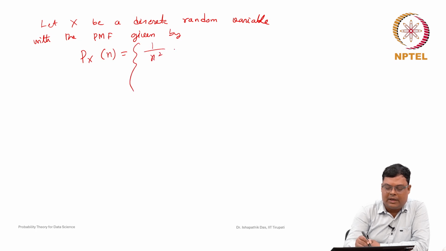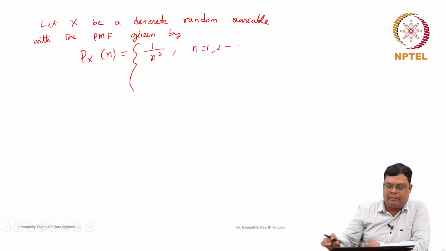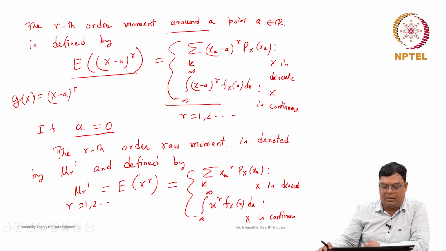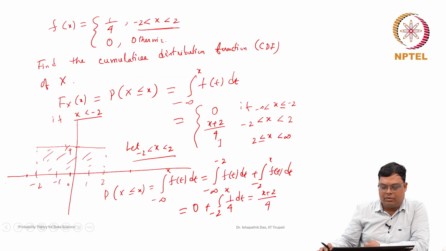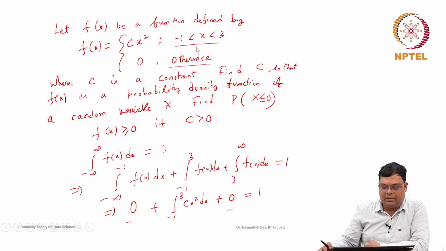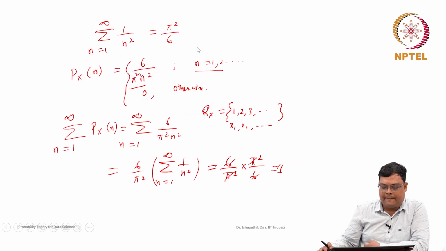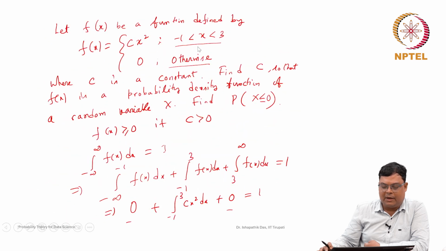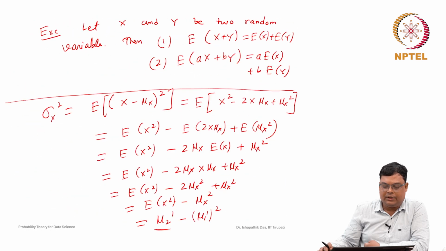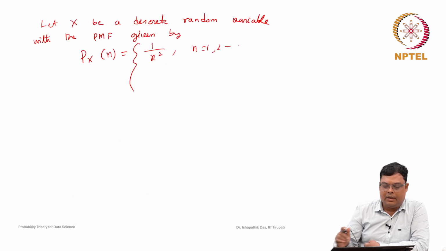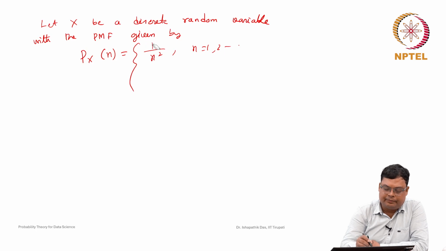There is some constant multiplication there, so I think it is pi square by 6, yeah. So, this is 6 by pi square n square, for n equal to 1 to infinity, and 0 otherwise.